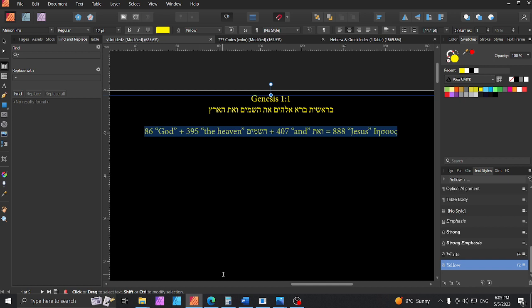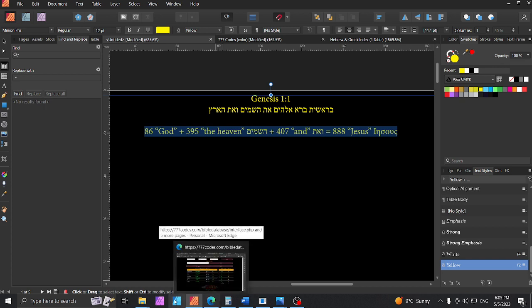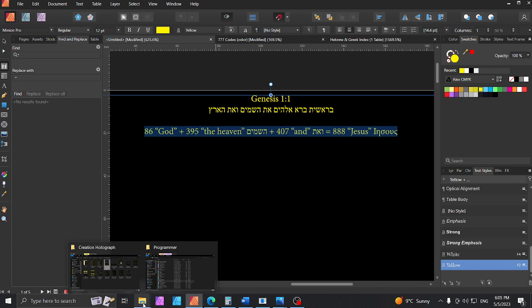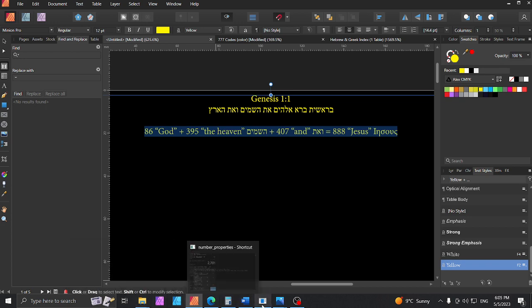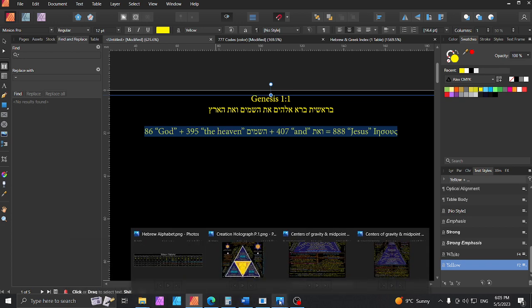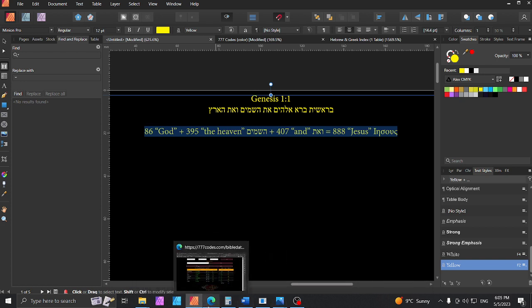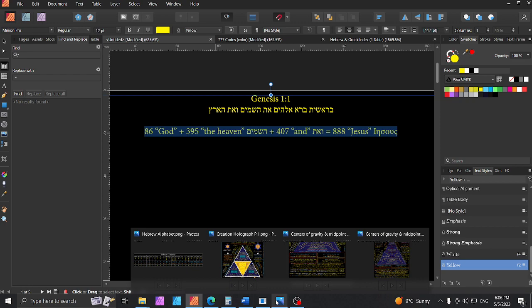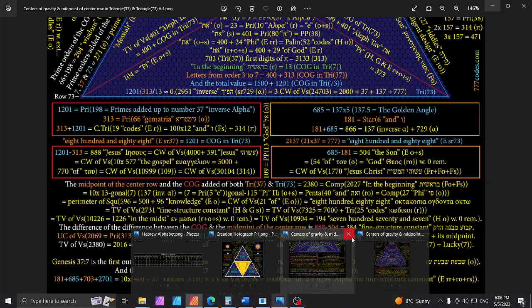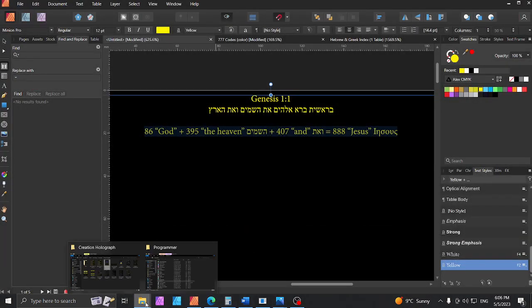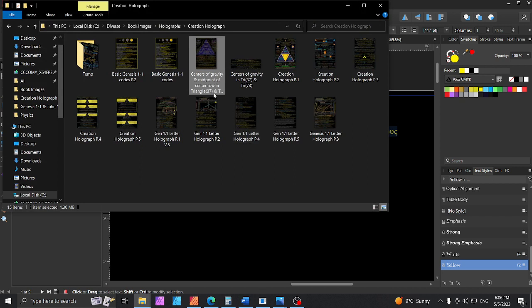To make a fluent progression in this, we can go into the letter codes of this verse, and I think I have it.